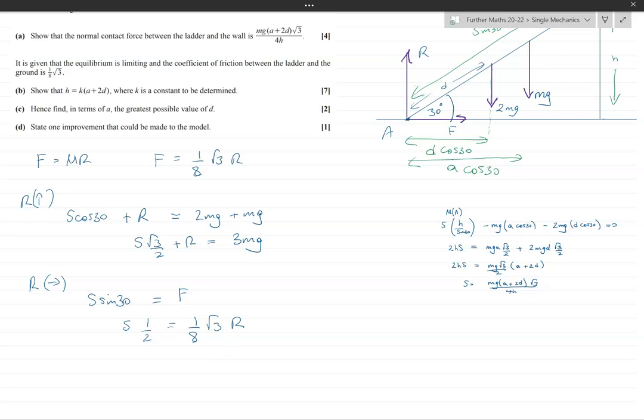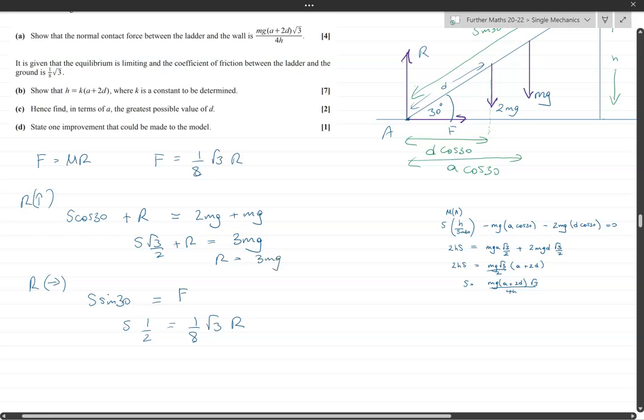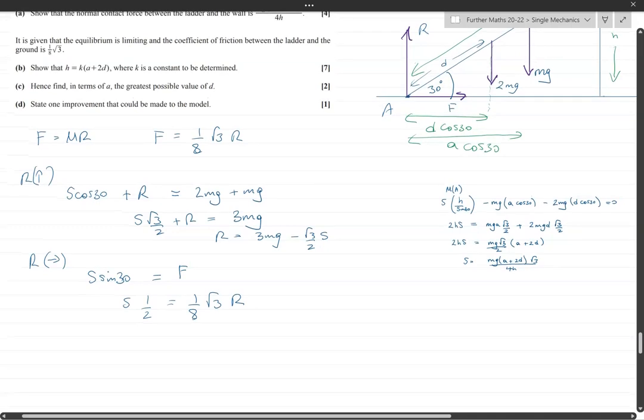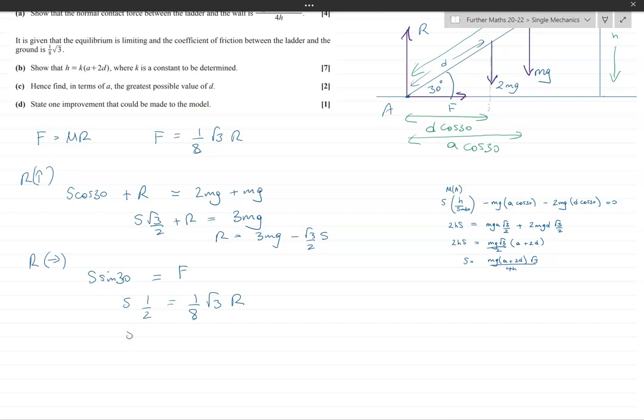So we've got R from here equals 3mg minus the square root of 3 over 2 S. Let's tidy this up a bit as well. S is equal to 1/4 the square root of 3R. So let's substitute this R into there.